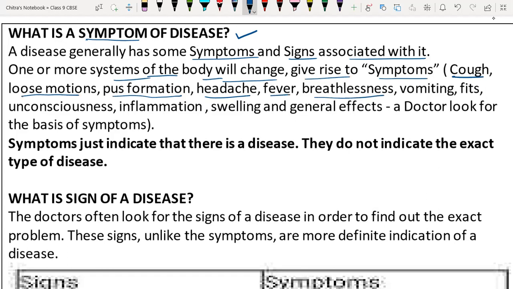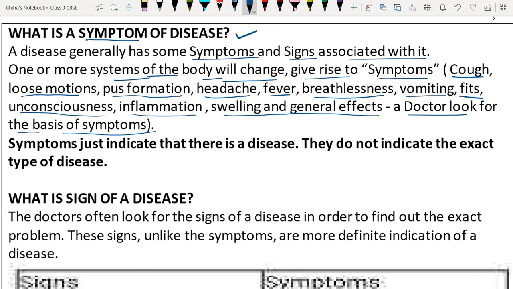Sometimes we feel suffocation and vomiting, fits, unconsciousness, inflammation, means the swelling, and general effects. A doctor looks for all these basic symptoms in order to identify a particular disease. Whatever we have discussed here, all these are nothing but the symptoms, beta.